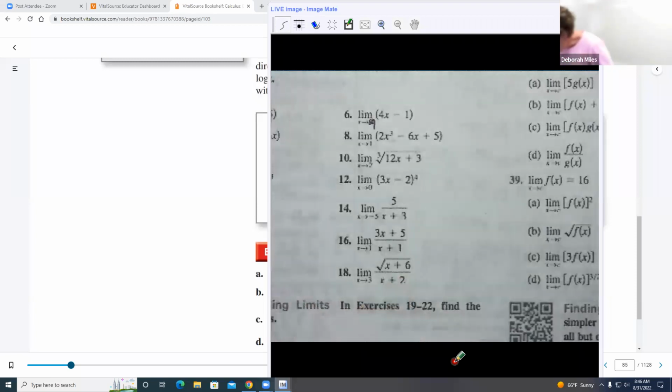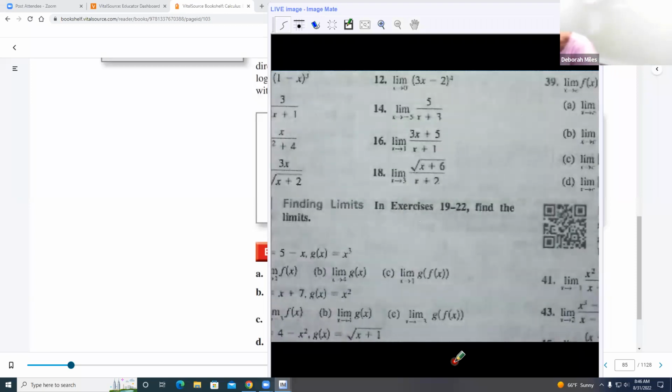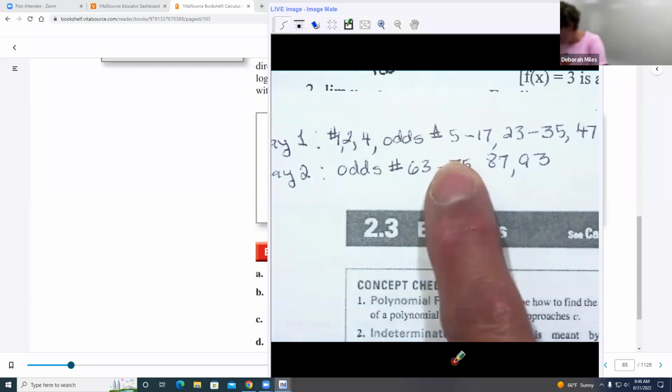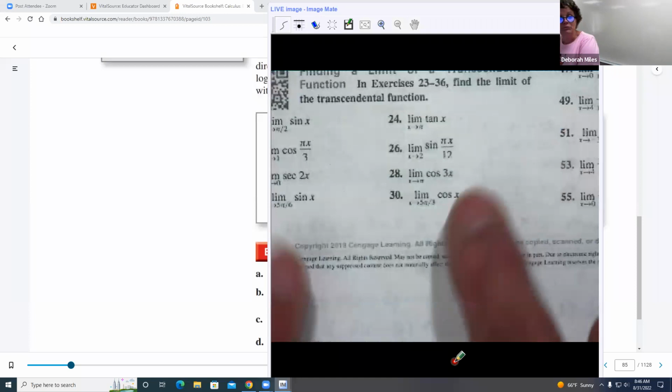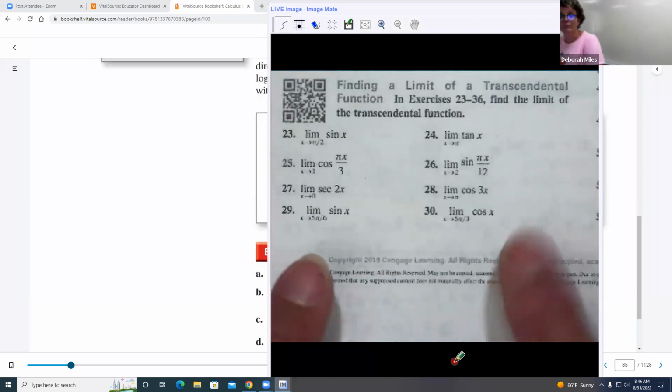All right. Same thing. What do 19 through 22 say? Yeah, I think I skipped those in the homework. I asked you to do 5 through 17 and then skip to 23 through 35. 23 through 35 are transcendental functions.